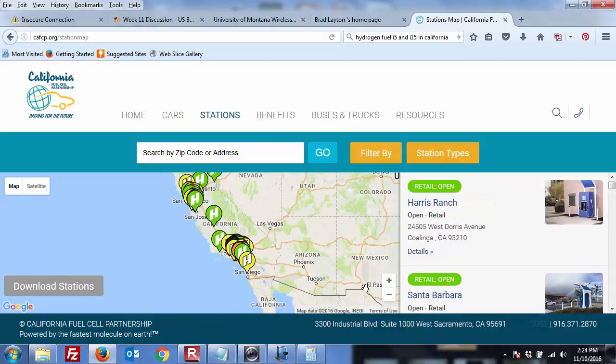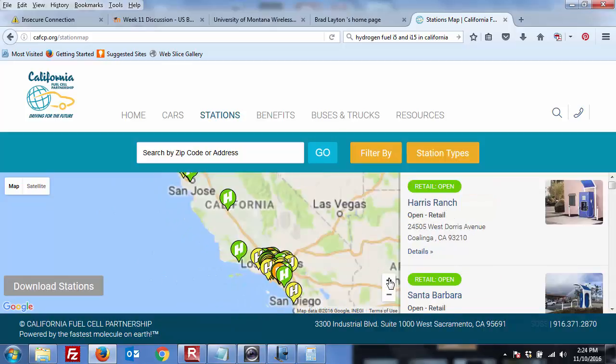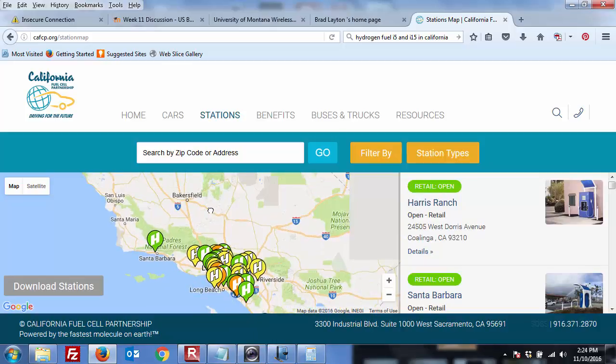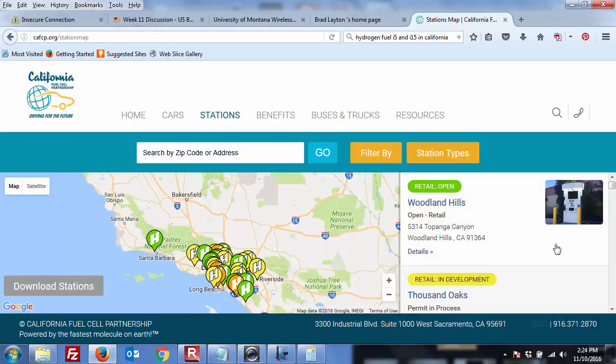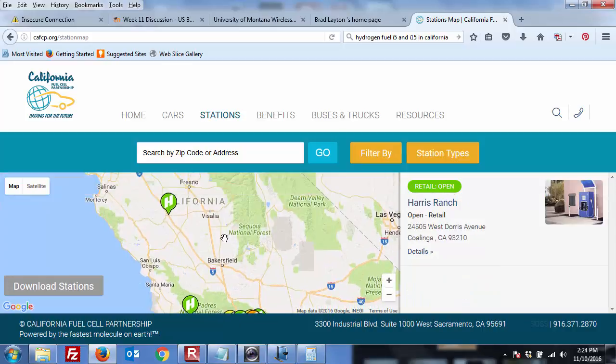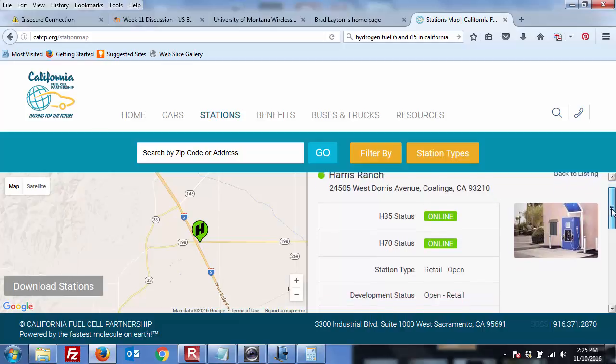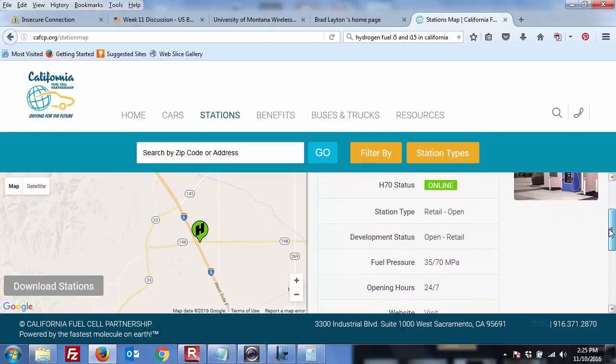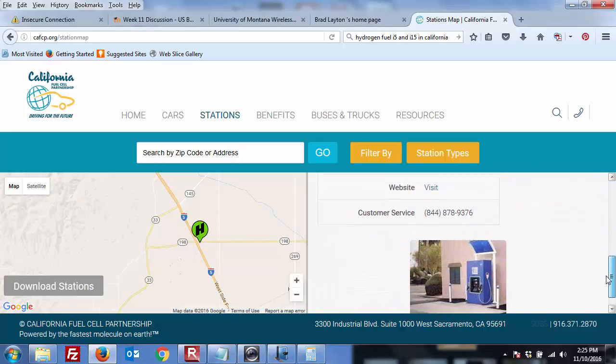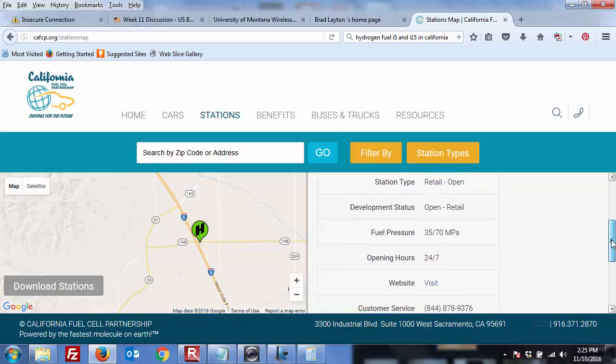Let's go ahead and zoom in here. There they are, details. Let's take a look at the Harris Ranch. Online, station, retail, fuel pressure, website, visit. There it is.